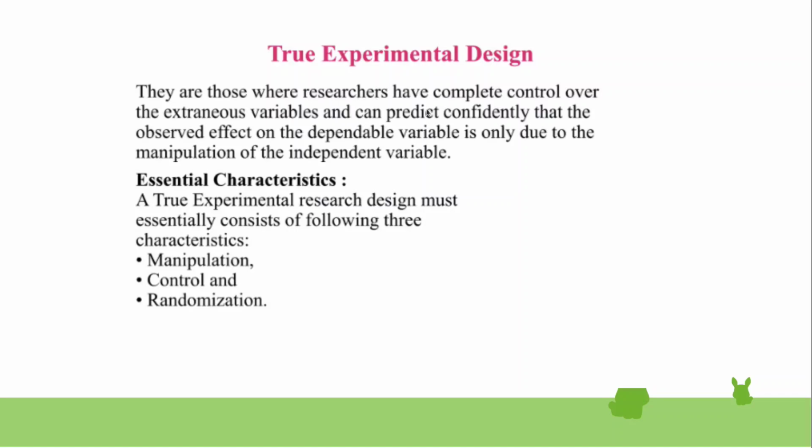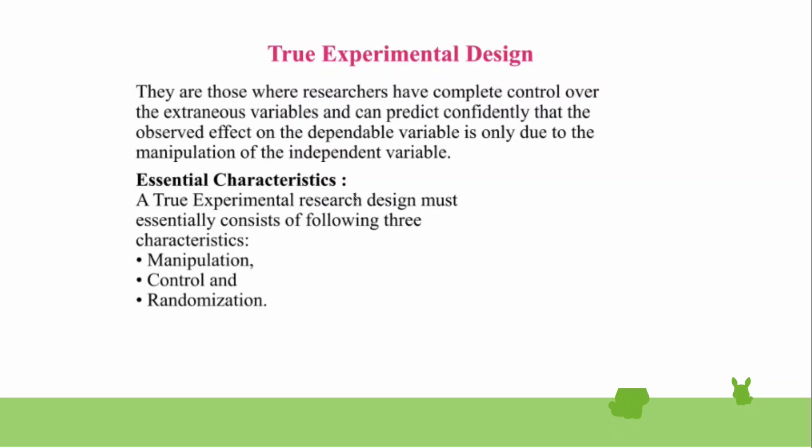So the researcher can predict confidently what happens at the end of the study, whatever effect she is observing on the dependent variable. For example, effect of music therapy on decreasing anxiety levels among the patients after cardiac surgery. So how the music therapy is affecting the cardiac surgery patients post-operatively to reduce the anxiety levels, she can easily predict confidently. It is only due to the manipulation of the independent variable.